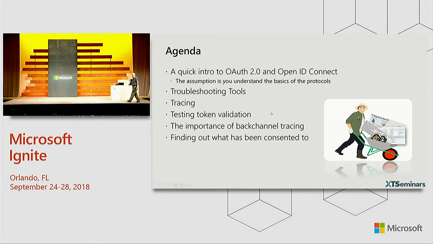And then I want to look at the importance of back-channel tracing. Well, what is back-channel? We'll have to come to that. And then I'm going to go into a little bit more detail of consent and show you how you can enumerate consent out using PowerShell. So we'll look at how consent, well, things that are being consented to, is actually held in the directory.